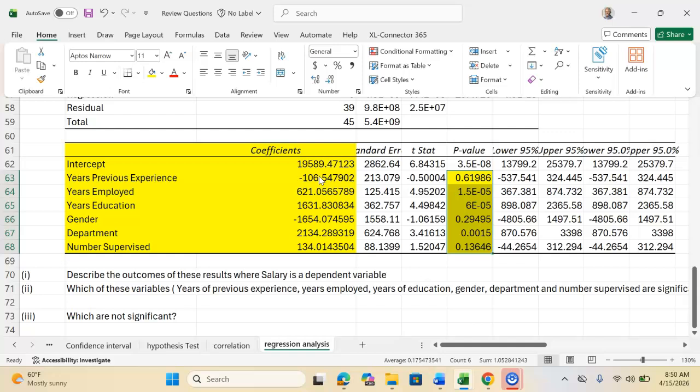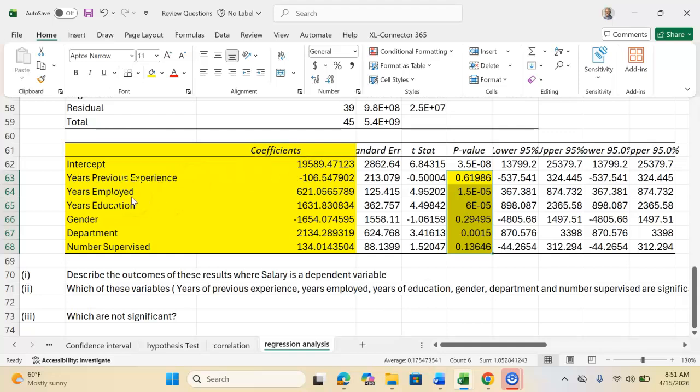But that is not really true, because look at the p-value, which is greater than 0.05. So years of previous experience cannot explain salary. You may have some slopes, but they are not significant. They don't relate to your income. So income or salary does not depend on the years of experience.